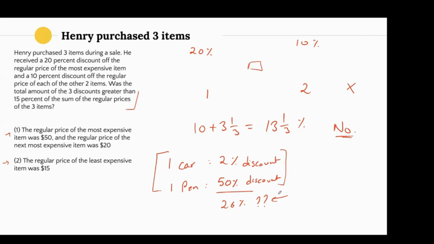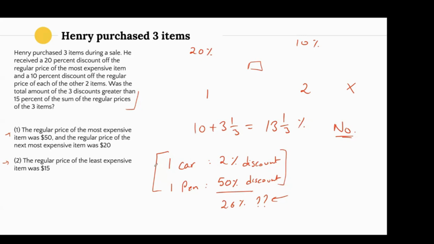Let me have a conversation with someone. Namita? What do you think? No, it's not 26%. 26% sounds too big, right? If overall it was 26%, then the dollar amount of my discount would have been much higher than what I actually got.